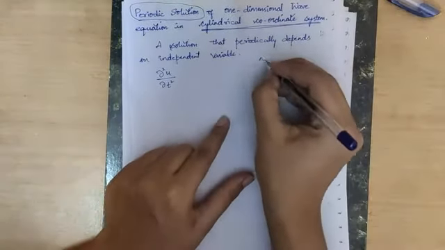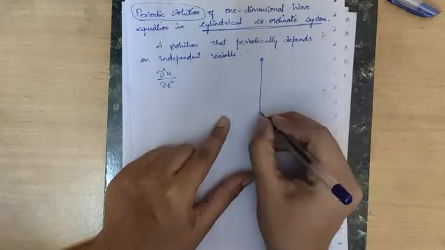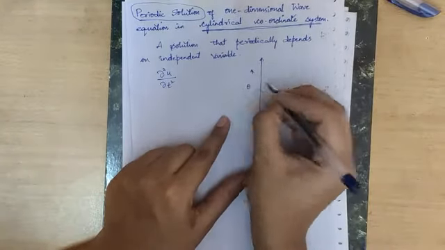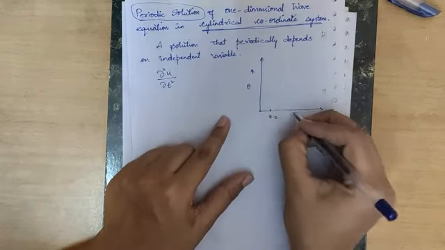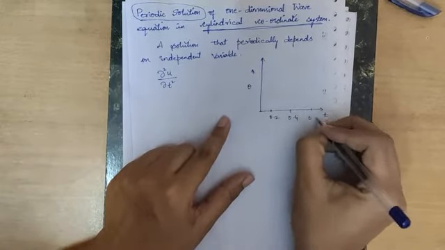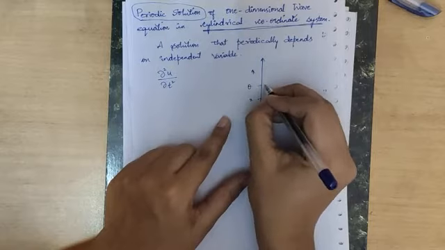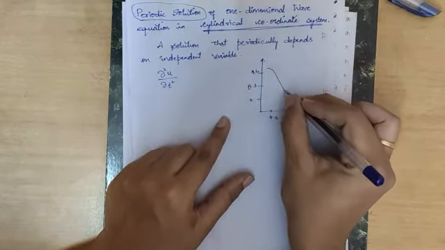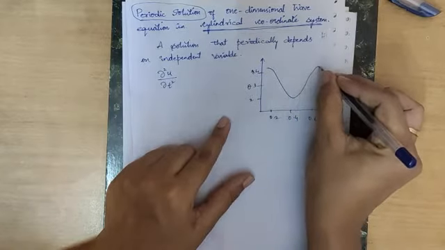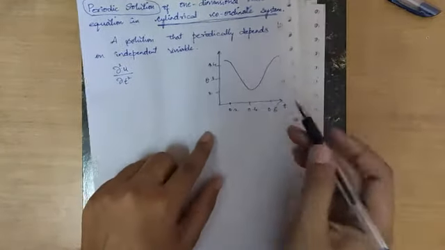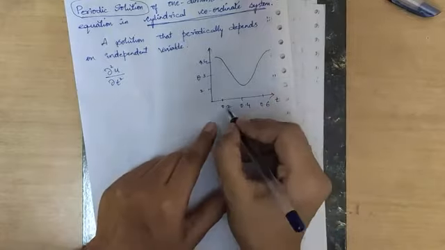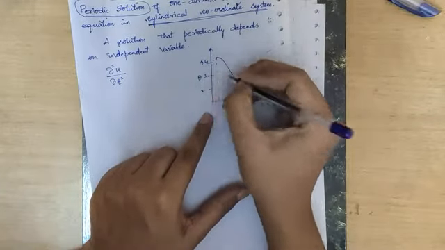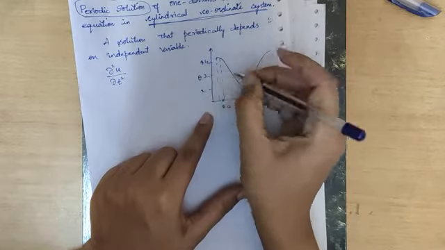So if I draw one graph like this, this is t, this is theta, with values 0.2, 0.4, 0.6, and 2, 3, 4. Here you can see for different values of t, you have different theta values.